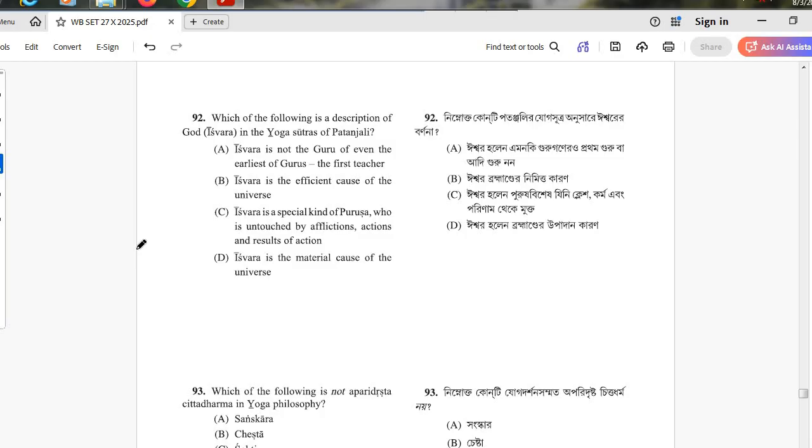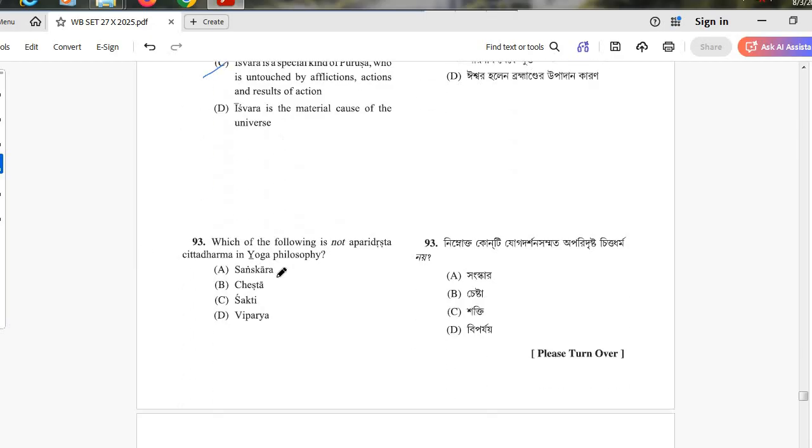Option C, Ishvara is a special kind of Purusha who is untouched by afflictions, actions and results of action. And option D, Ishvara is the material cause of the universe. Question 92, option C is the correct answer.